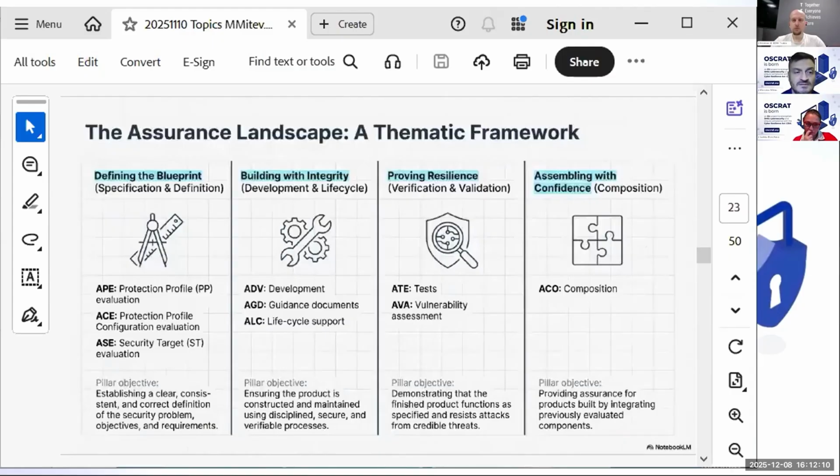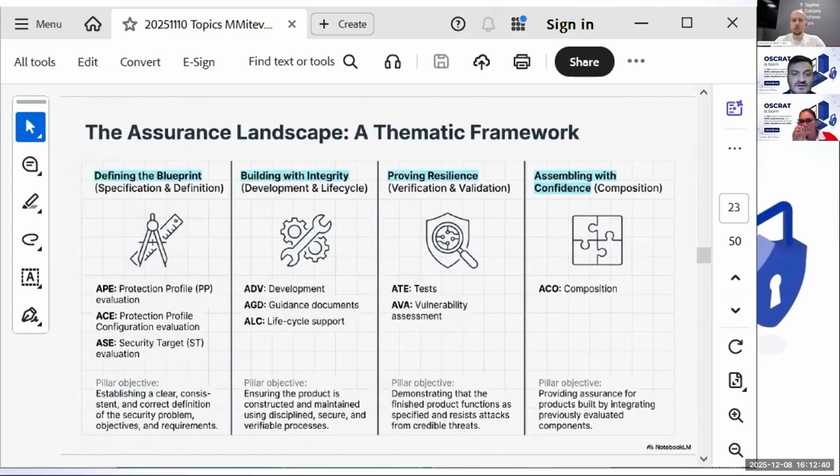This slide divides assurance into four themes. The first theme is defining the blueprint. This includes protection profiles, PP configuration, and security targets, which describe the security problem and the required objectives. The second theme is building with integrity.